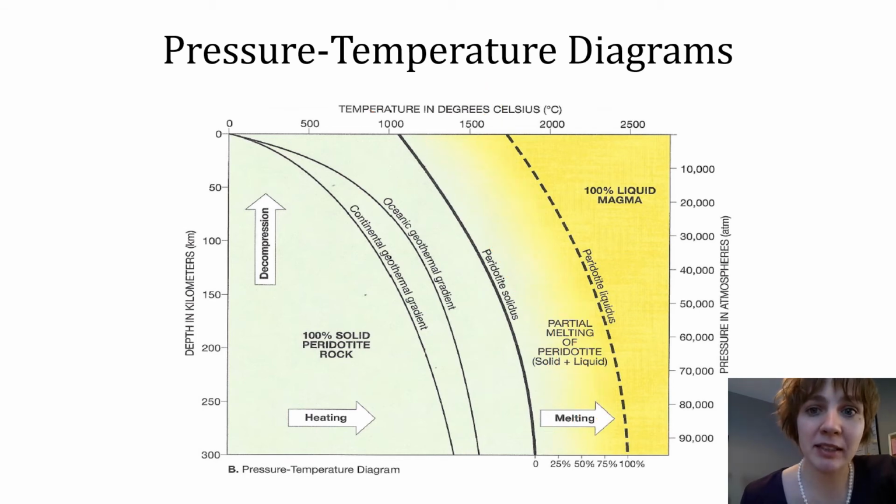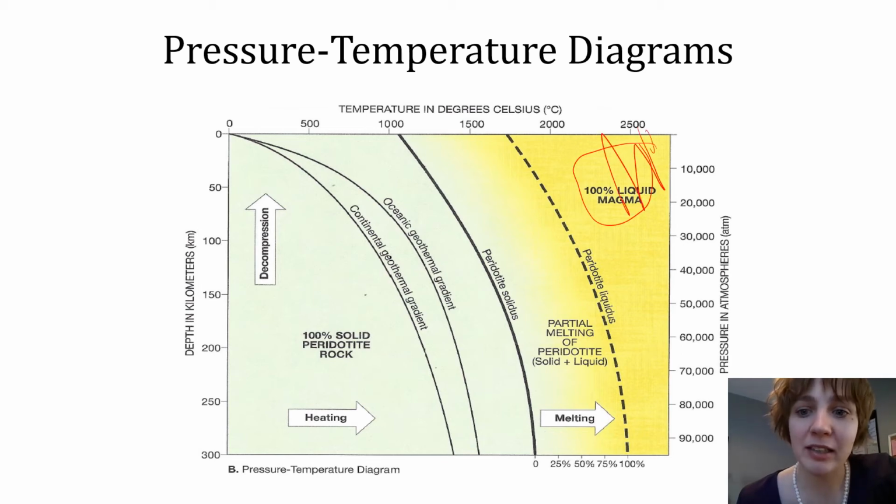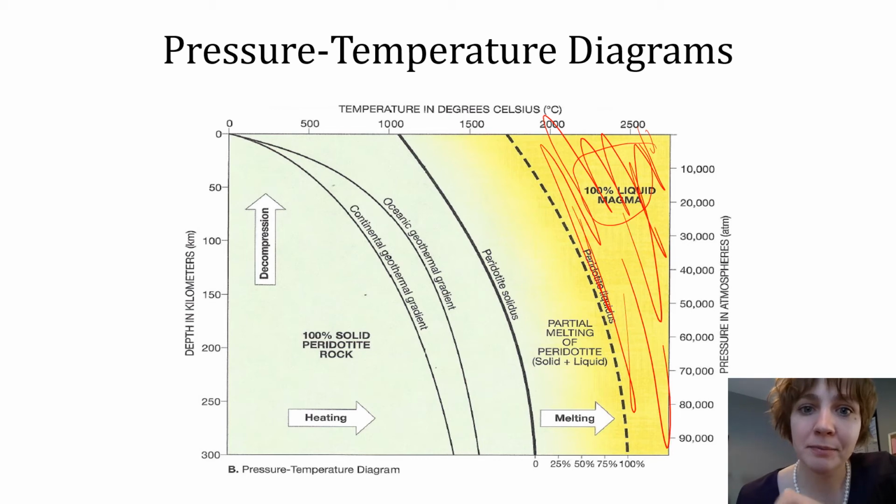Now, in the real world, these conditions over here of 100% liquid magma, well, they don't actually exist. So a lot of times when looking at these types of diagrams, you're going to see the solidus line, but no liquidus line. In that case, just like in this case, you will have magma on one side, so magma over here, and solid rock on the other.